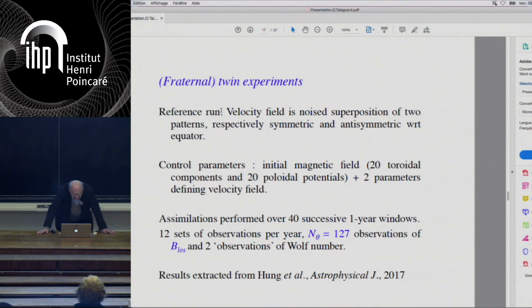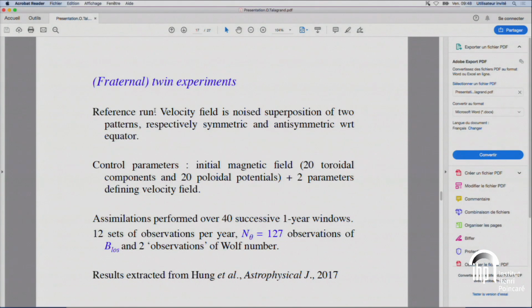The velocity field is defined as the superposition of two patterns, one symmetric and one anti-symmetric with respect to the equator. The coefficients of the velocity field are the coefficients which multiply these two patterns. And the control parameters are the initial magnetic field, 20 toroidal component and 20 poloidal potential, plus two parameters defining the velocity field.